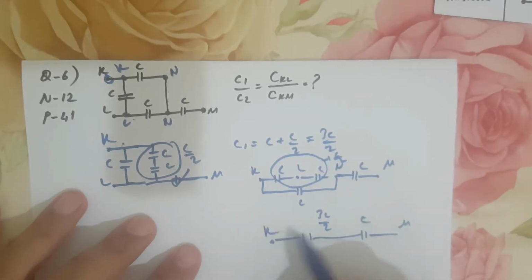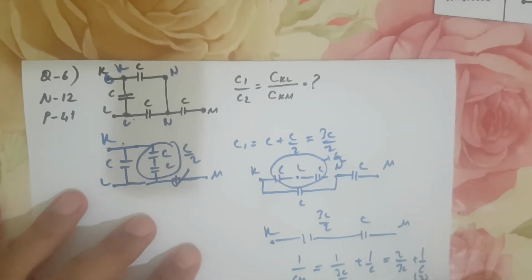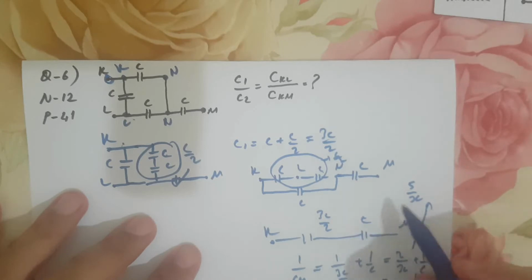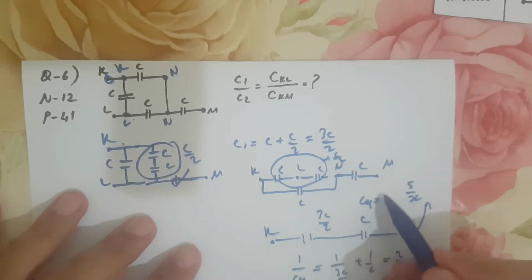So what is the equivalent capacitance here? 1 over C equivalent, because in series, 1 over 3C over 2 plus 1 over C, so 2 over 3C plus 1 over C. When you expand with 3, it's going to be 5 over 3C, and then the opposite, 3C over 5.